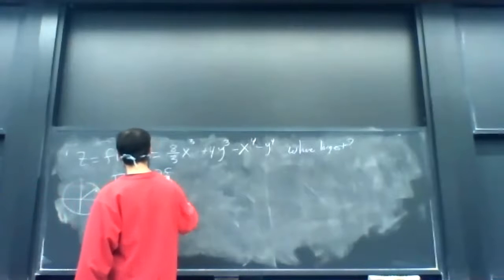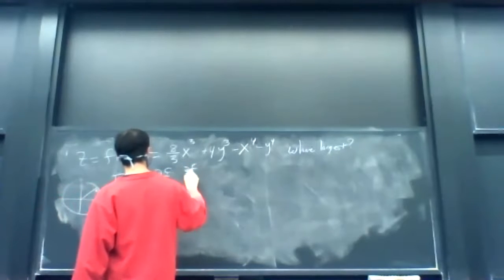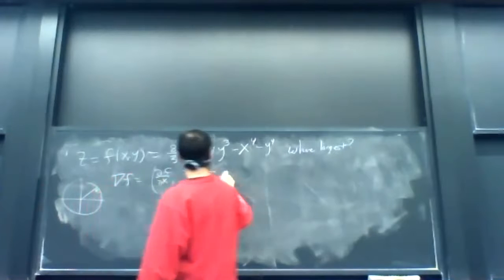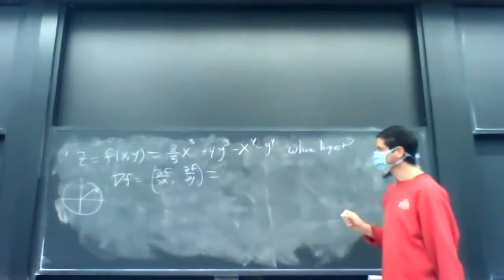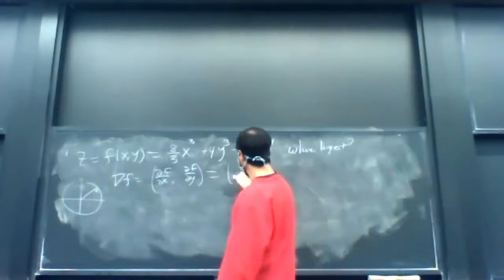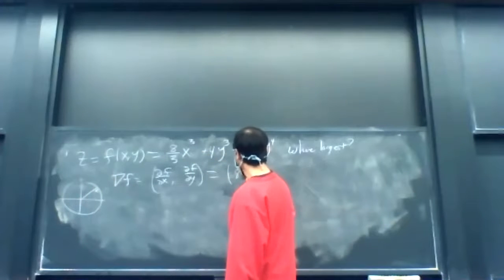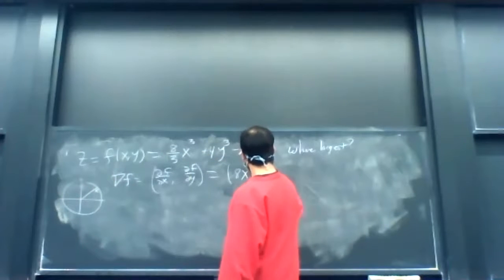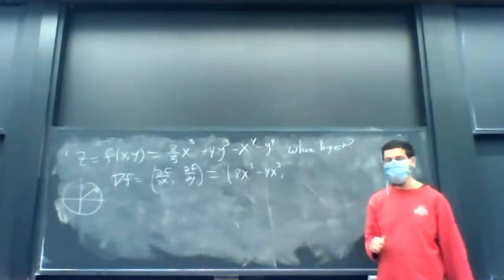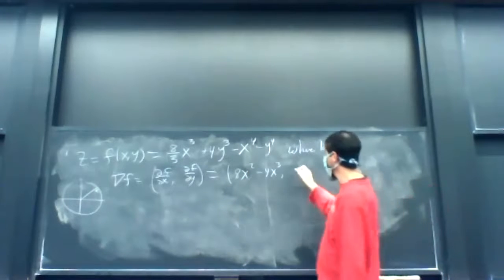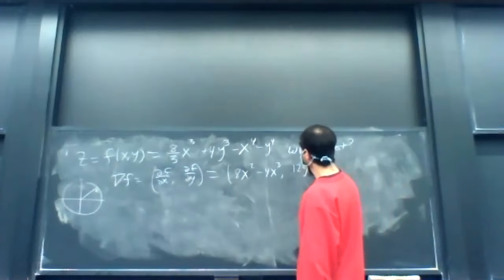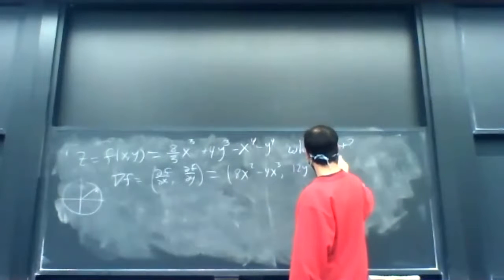df/dx, df/dy. So I first take the derivative with respect to x. It's going to be 8/3 times x cubed, so it's going to become 8x squared minus 4x cubed. And when I take the derivative with respect to y, I'll get 12y squared minus 4y cubed.